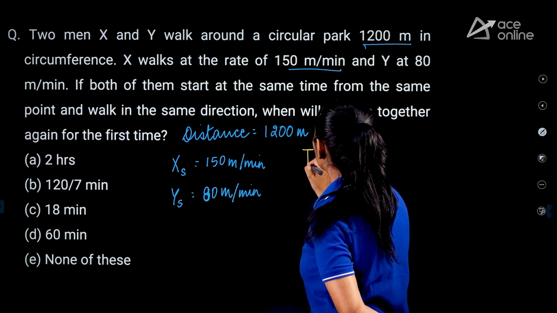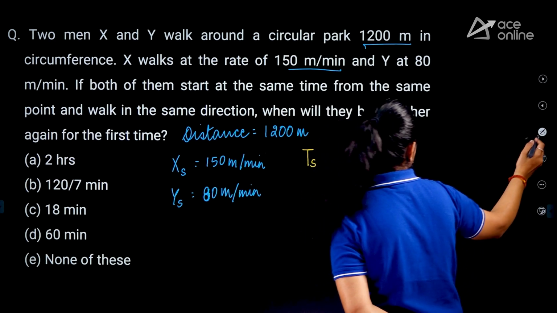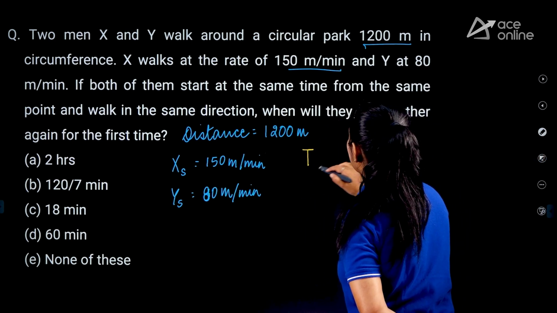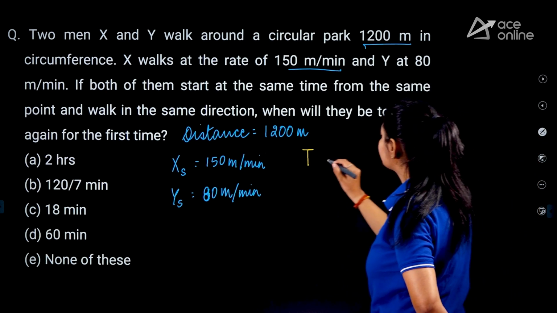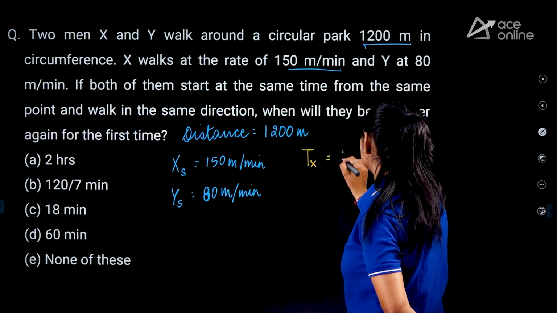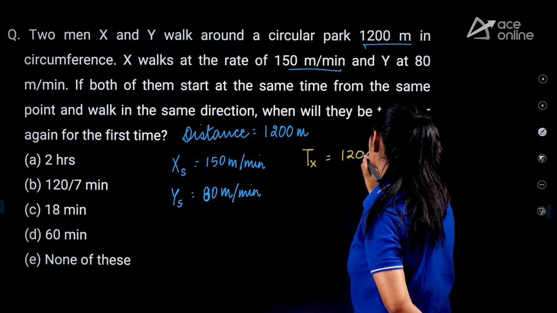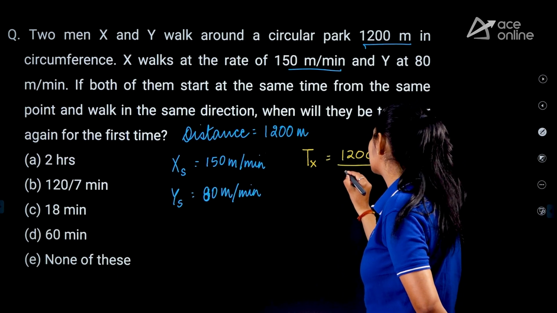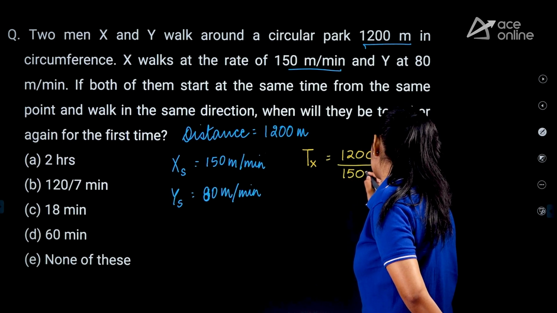So the time required by X to cover the path, or to take one round: the distance is nothing but 1200 divided by the speed, right?